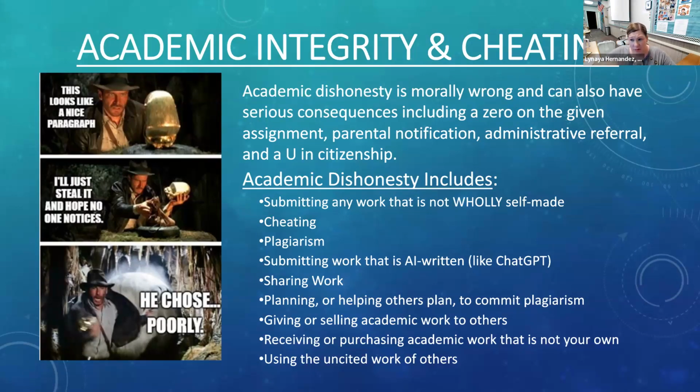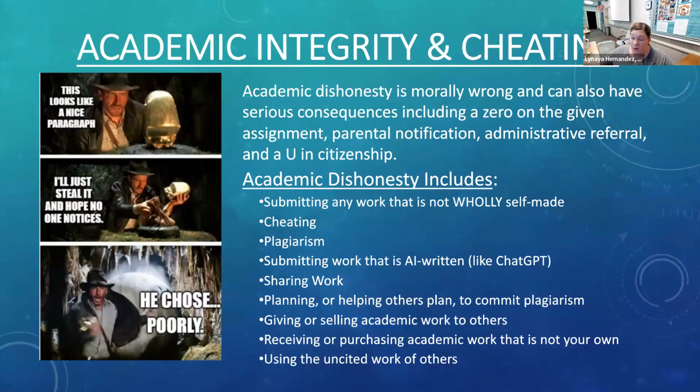Cheating is submitting work in this class or any class that did not come from your own brain and your own brain alone, right? So if you're having your parents or your friends do your homework, that's cheating. If you're turning in an assignment from a friend that they worked on, but you didn't, that's cheating. If you're turning an assignment that you didn't do all of the work yourself, that's cheating, right?